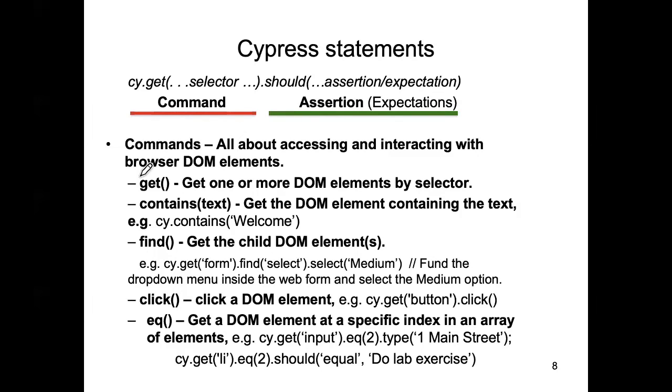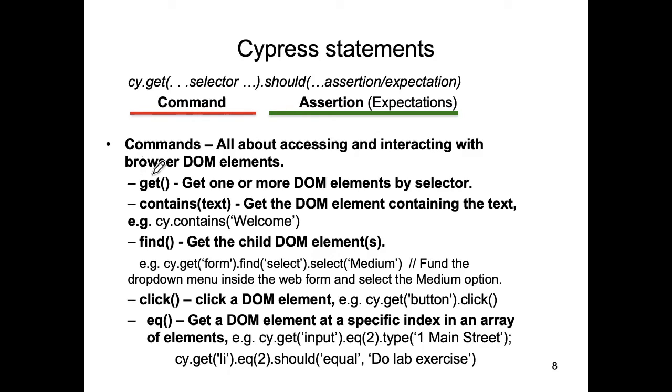Now, there are a whole series of these commands, and I'm not going to go through them one by one, obviously, because there are too many. You would need to look up the documentation. But hopefully from the labs next week, I'll give you enough examples of commands, and that should be sufficient for you to write pretty much any Cypress test that I would need you to write.